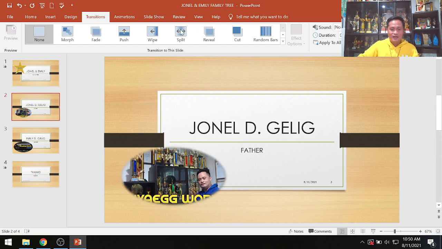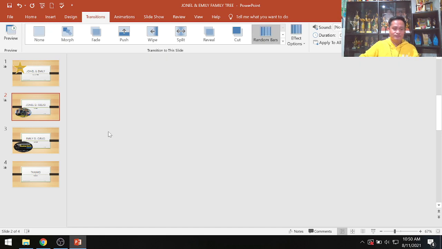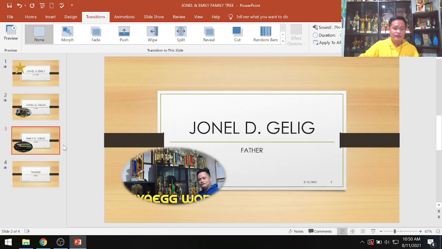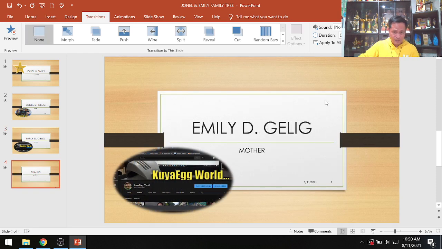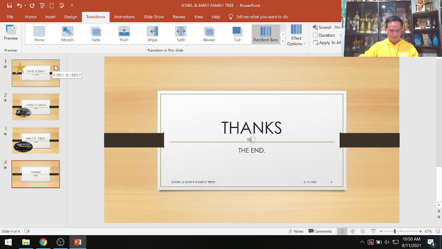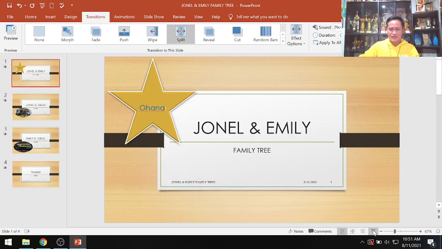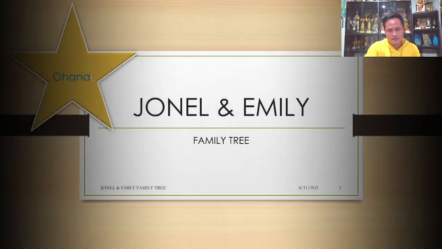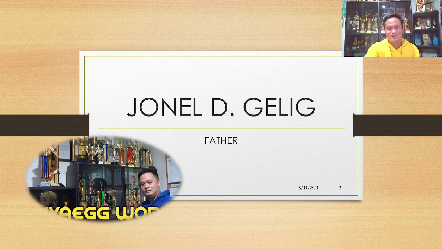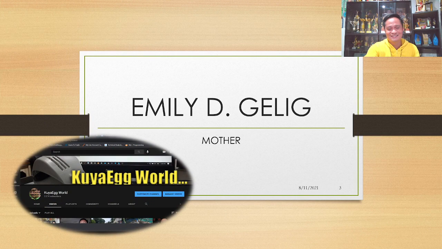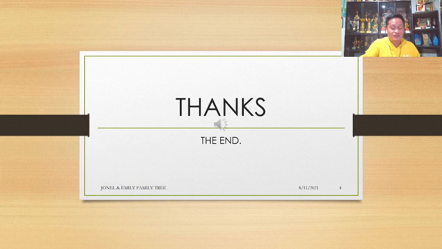I'm going to have this Random Bars, and on my next one another Random Bars, and on my last one I'll be having Random Bars. So these are actually transition effects. So when I'm going to click Slideshow, I have here Split, and the next one is Random. The next slide, look at this. So there's this transition, and the last one is an audio.